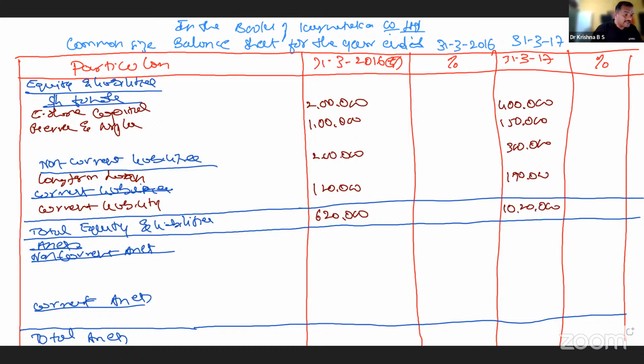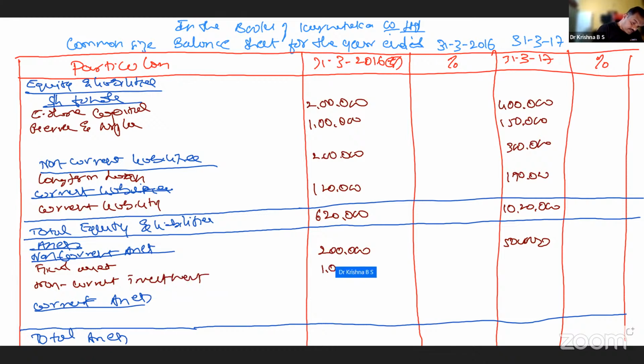Then assets, in that fixed assets. Fixed asset 2 lakhs, 5 lakhs. Then non-current investment 1 lakh, 1 lakh 25. Then current asset 2 lakhs 55.